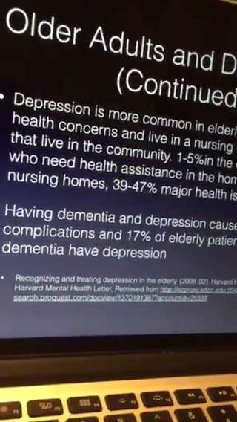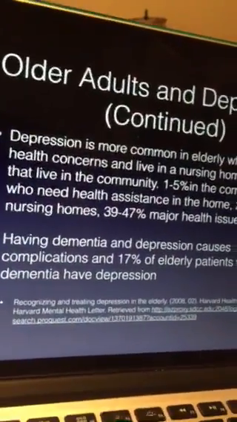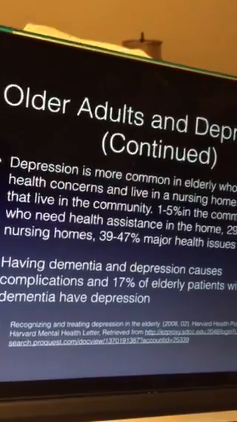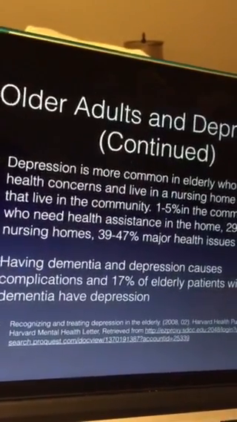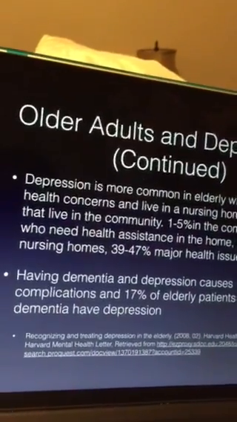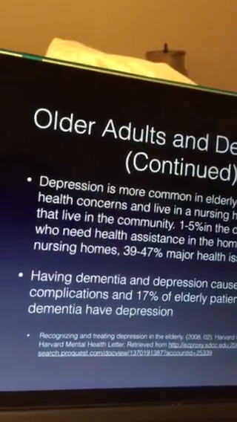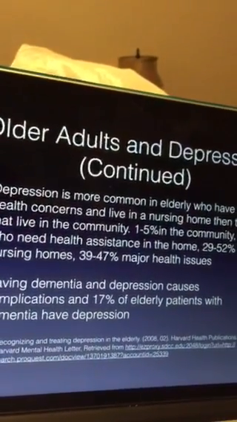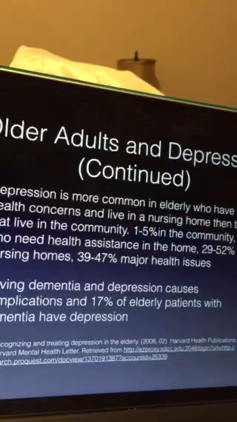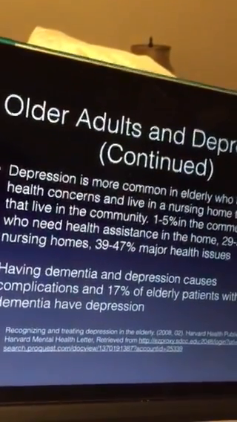Also, depression is more common in older adults who have major health concerns and live in a nursing home than in people that live in the community. The statistics are that for elderly who live in the community, 1 in 5% of them experience depression. For those who live in their home but need health assistance, 14% of them experience depression.